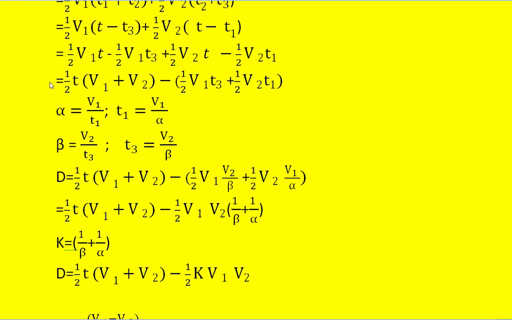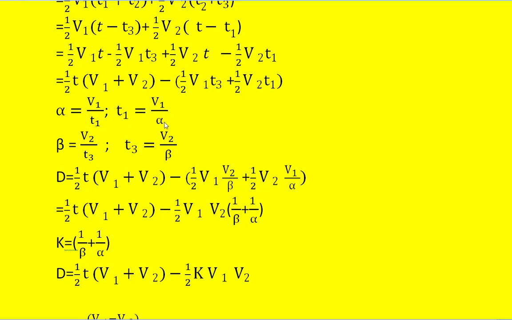Further, we can write the distance between the stops like this. We have the equation, that is half T into V1 plus V2 minus half V1 T3 plus half V2 T1, and we know the relations: alpha, beta, V1, T1.